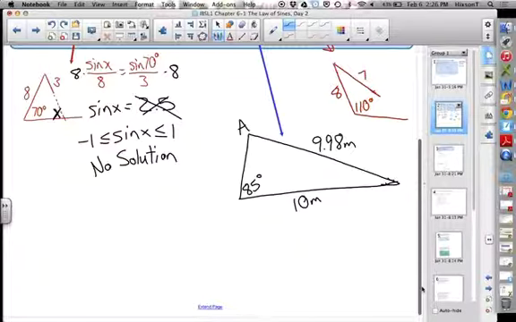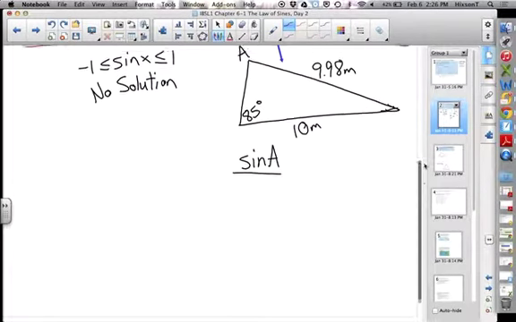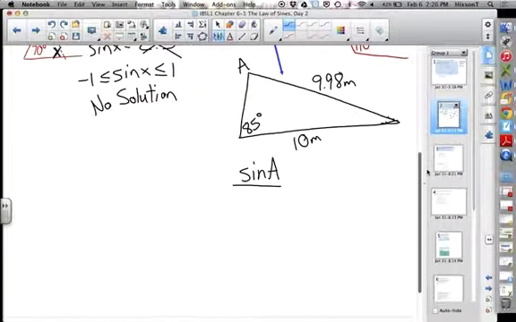There really isn't an ambiguous case for the law of cosines. But as you look at this, if we're going to solve for A, we'd set it up: sine of A. Wait, Mr. Hickson, what's wrong with that one? Well, let's see. It's not necessarily that there's something wrong, it's just unclear.